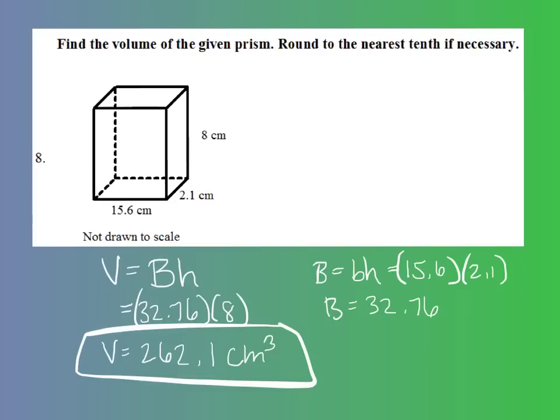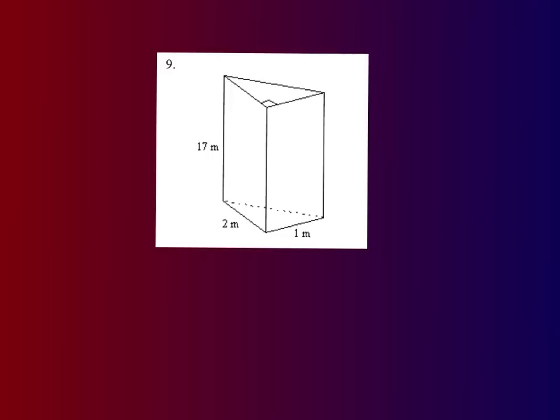So here I'm looking for volume again, and I'm going to round to nearest tenth again, but I do need to take into consideration the fact that my base is now a triangle. So my formula, V equals big B H. Big B is not just base times height anymore. It's 1/2 base times height.